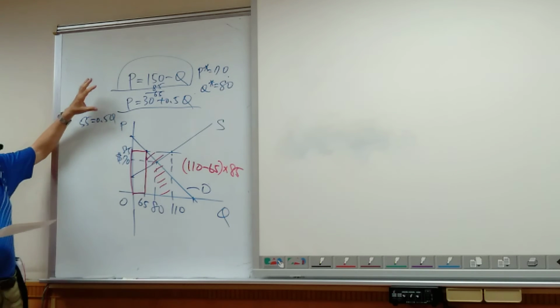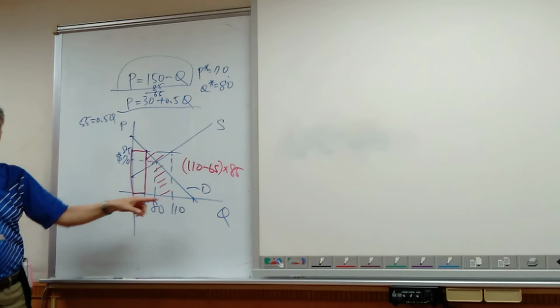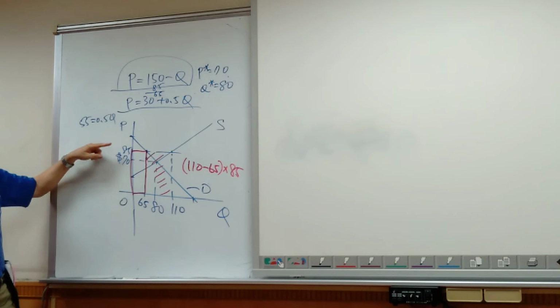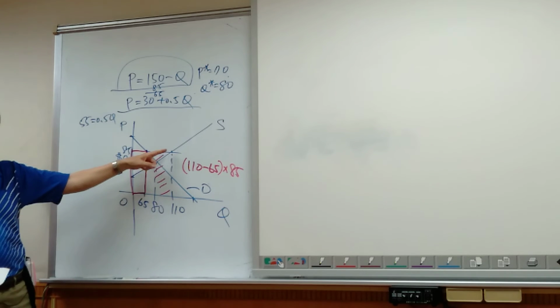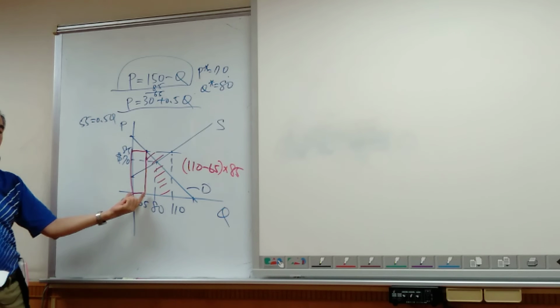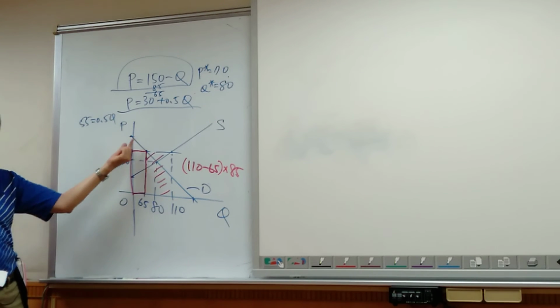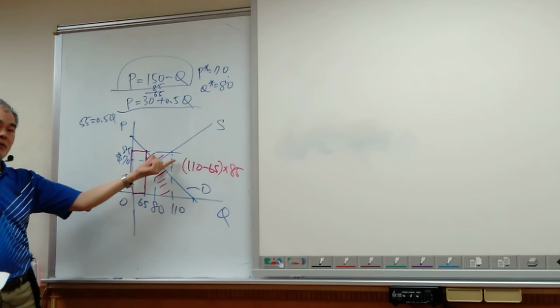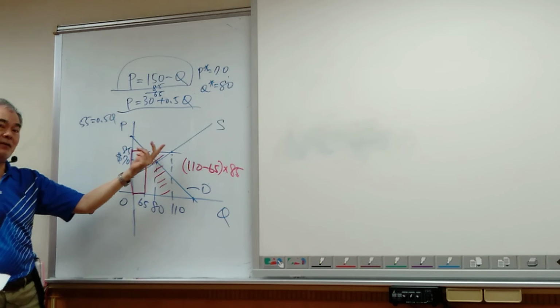So first of all, figure out what's the equilibrium price and quantity. Then draw the chart, trying to figure out when the price is 85, what's the quantity demanded and what's the quantity supplied. For 65 units, this quantity is going to be purchased by consumers. But for the rest of it, because the price is too high, the producers produce more than necessary.